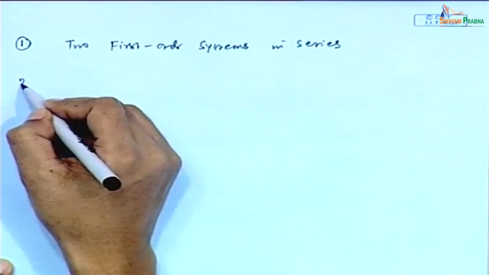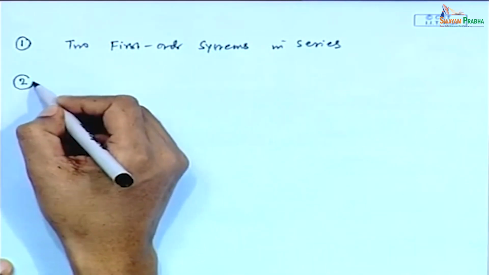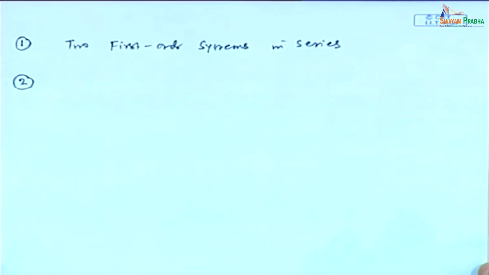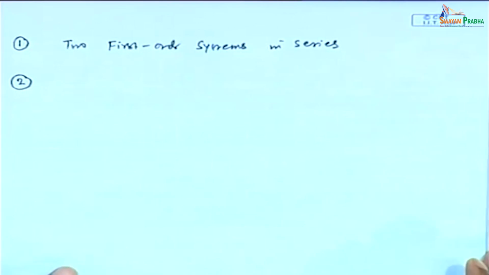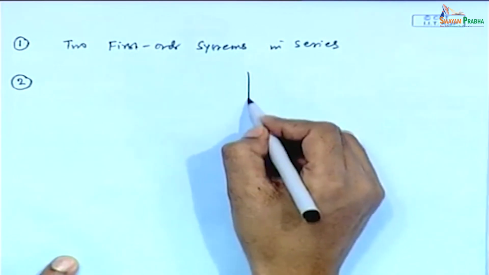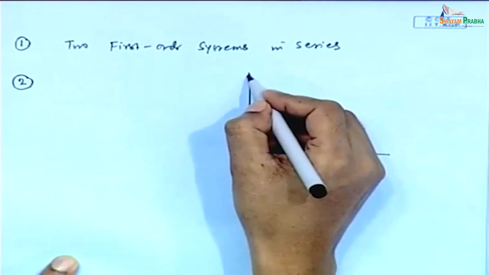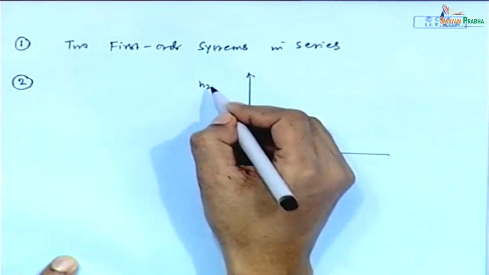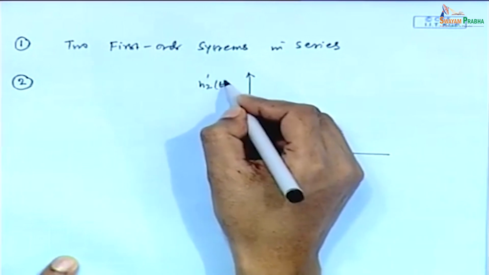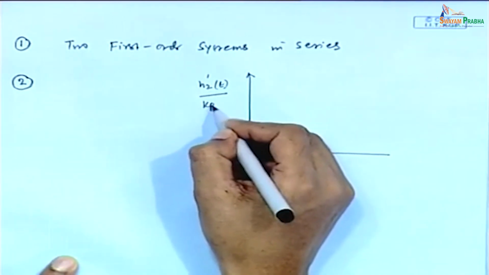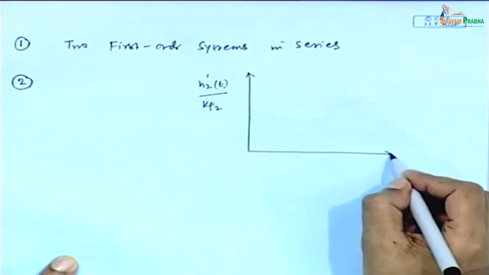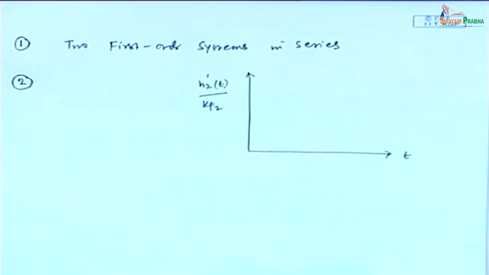Second thing is, we wish to observe the behavior making a plot. So, this is H2 prime(t) divided by Kp2 versus time.